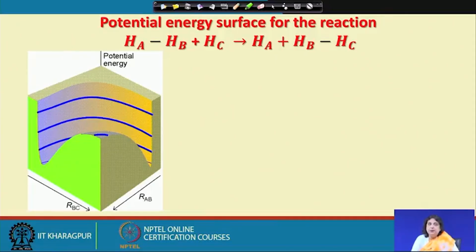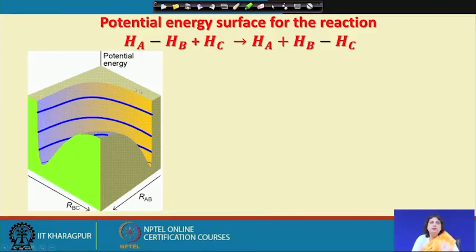I expect a minimum in the potential energy corresponding to a small distance between B and C. That exactly appears over here, and under such circumstances I must have a large distance between the hydrogen atoms A and B. So, as you see, as expected, this minimum appears at a very large value of RAB, and here we have connected equal energy points by these blue curves.